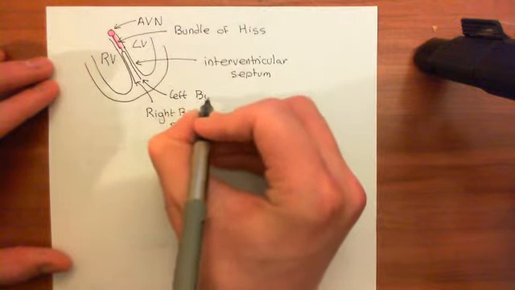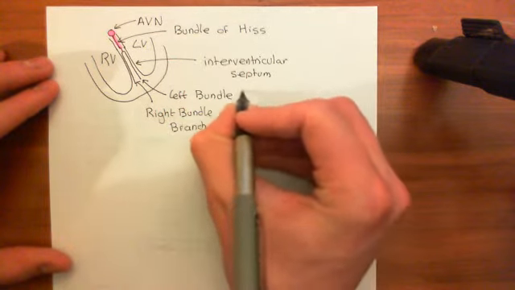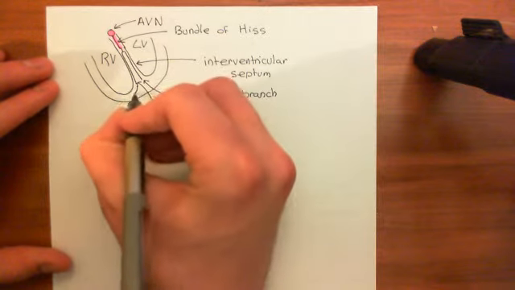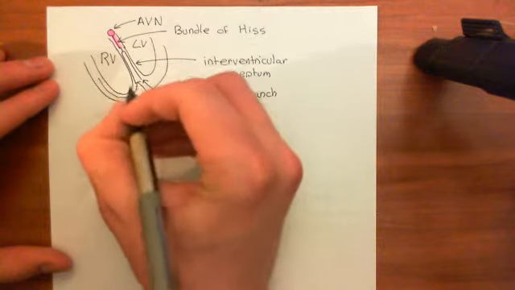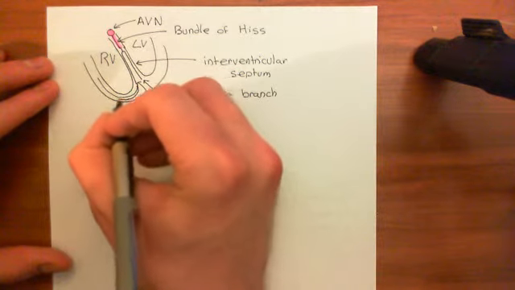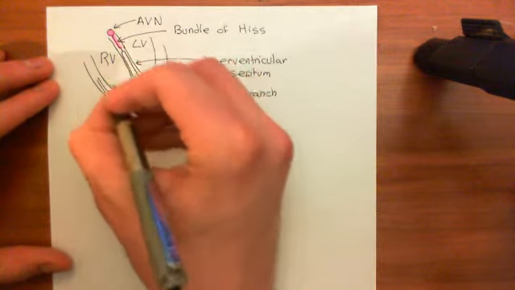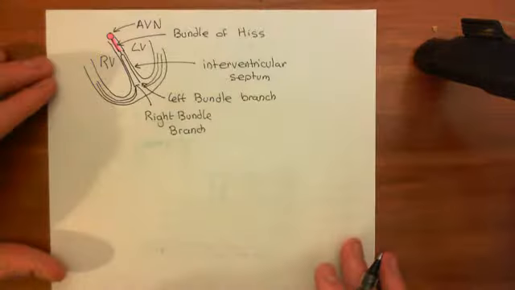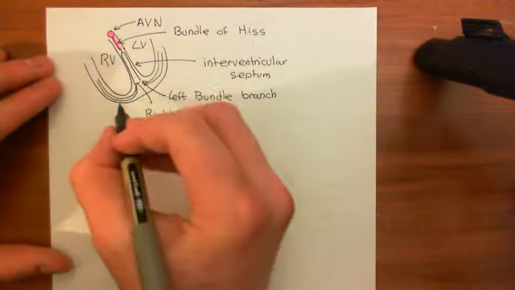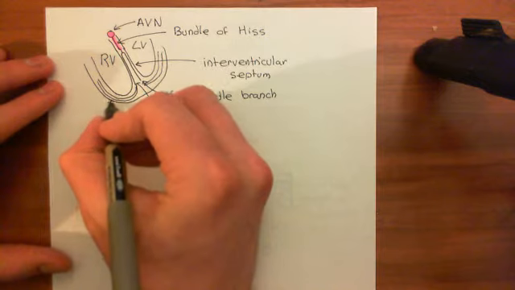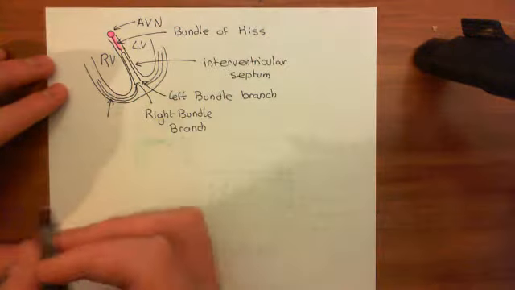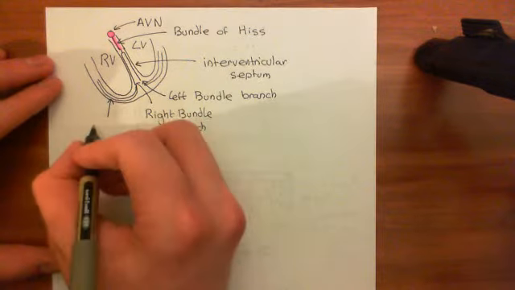Now what's going to happen is they will pass it onto a bunch of fibers which will then go into the wall of each ventricle. These ones are going into the wall of the right ventricle, but there will be fibers over here which go into the wall of the left ventricle, and these fibers will then pass the action potential to the actual contractile muscle fibers, and therefore set the action potential propagating up the walls of the ventricles.